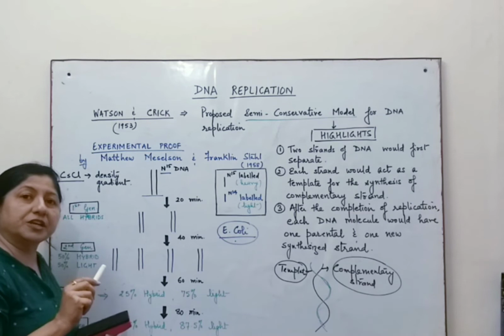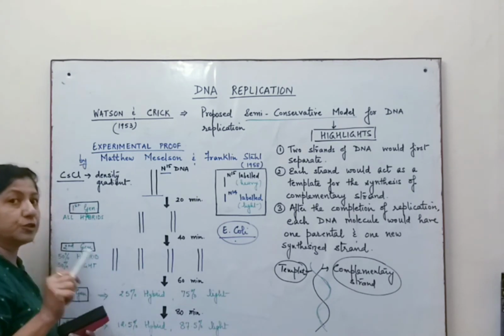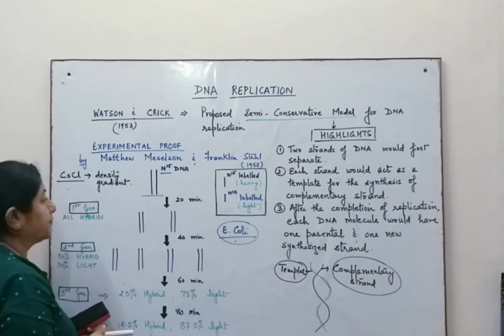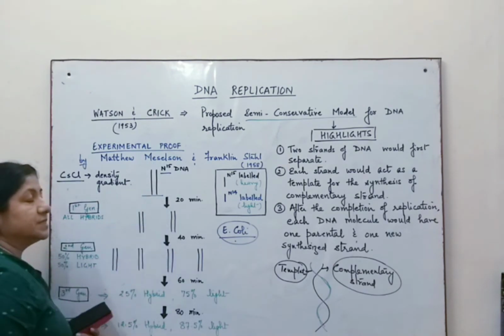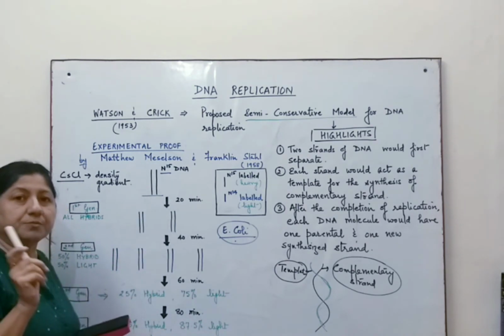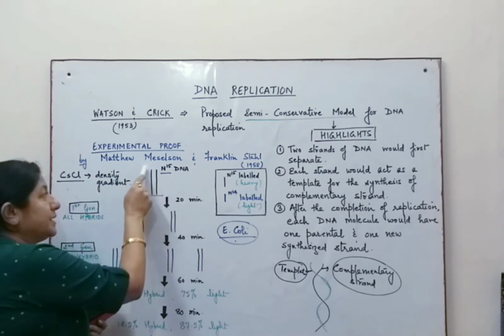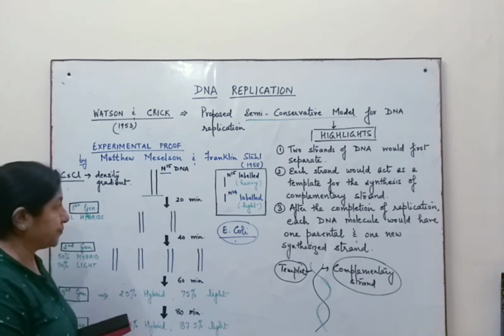So we can differentiate between N14 and N15 DNA. After growing the E. coli for several generations in N15 medium, it was completely labeled with the heavy isotope of nitrogen.